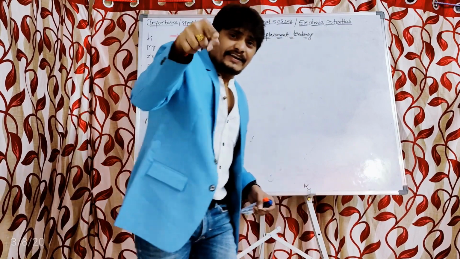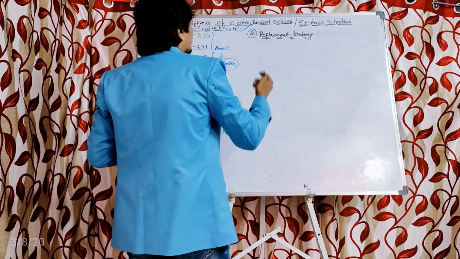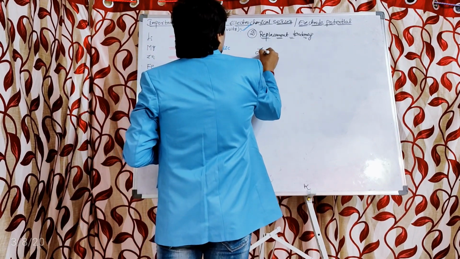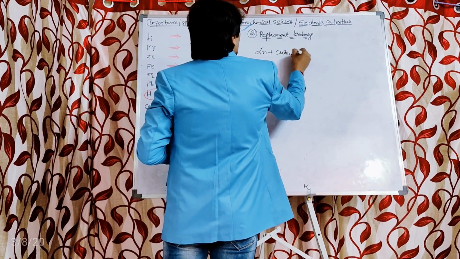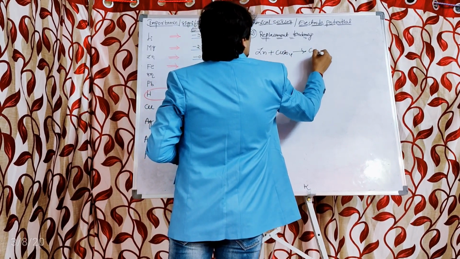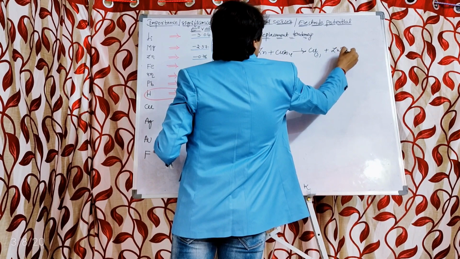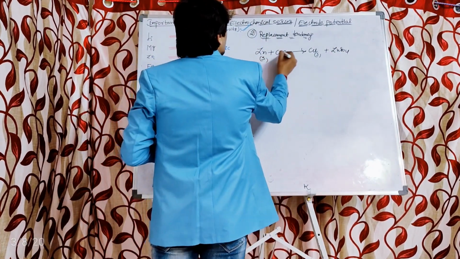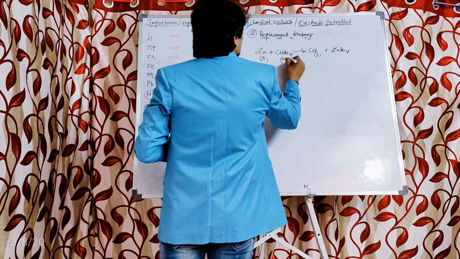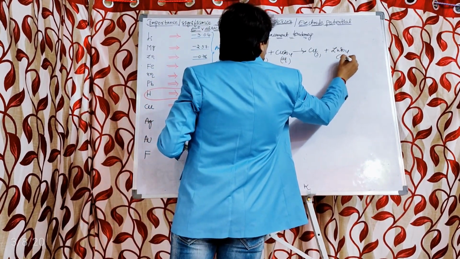So that is the reason the reaction between zinc and copper will be Zn plus CuSO4 gives rise to Cu plus ZnSO4. Zn solid plus copper sulfate aqueous gives rise to copper solid and zinc sulfate aqueous.